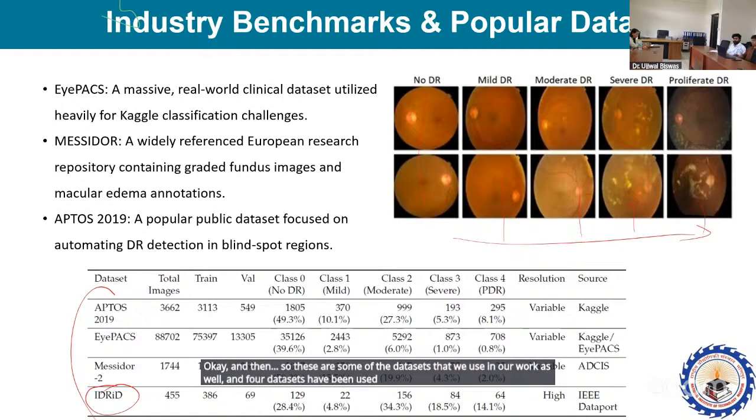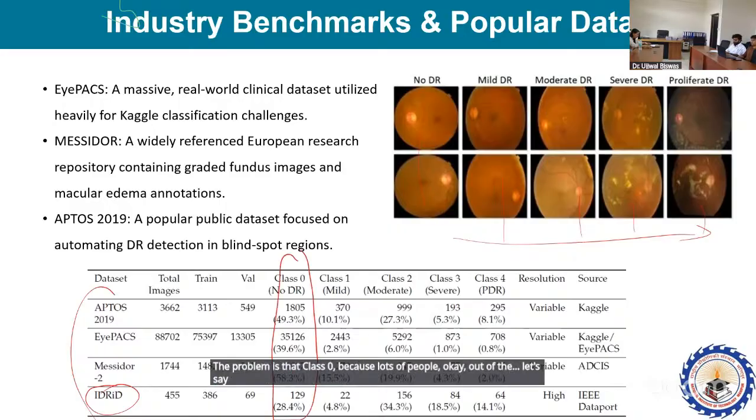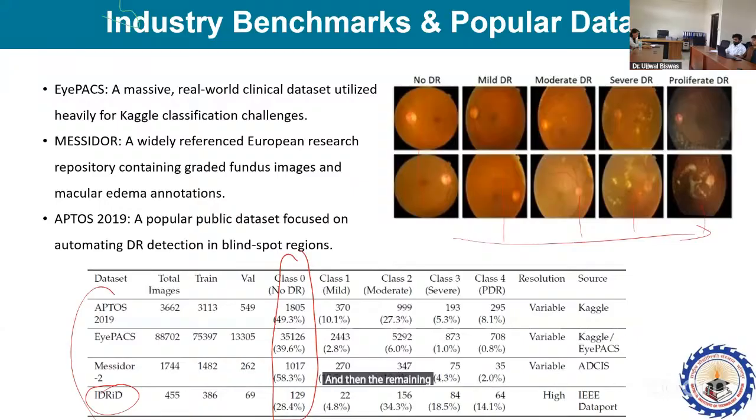In any medical data set, or even in general machine learning problems, we always see that there is an imbalance in the data. Mostly in medical data sets, the problem is that class 0 dominates, because if you screen 100 patients, maybe 90 of them don't have DR because they are not diabetic, and the remaining 10 have all these 1, 2, 3, 4 classes.